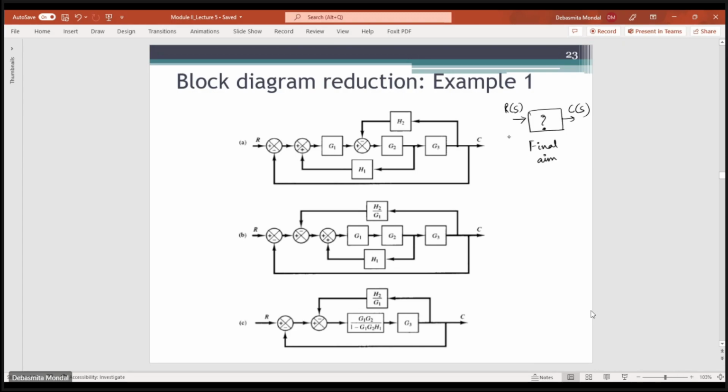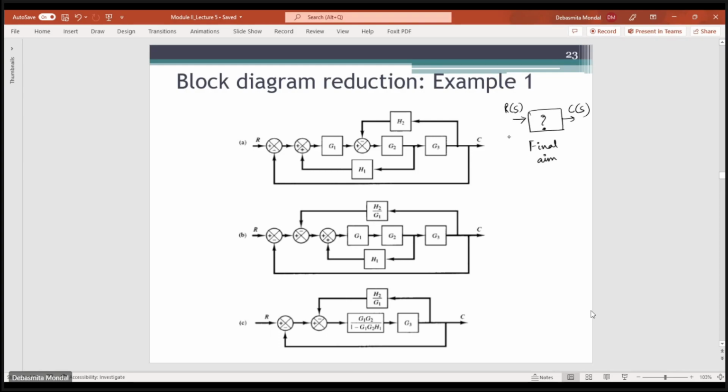If you want to move this summing point before G1, you have to add a gain equal to 1 by G1, the gain of the block before which you are moving the summing point. So here H2 will be replaced by H2 by G1.